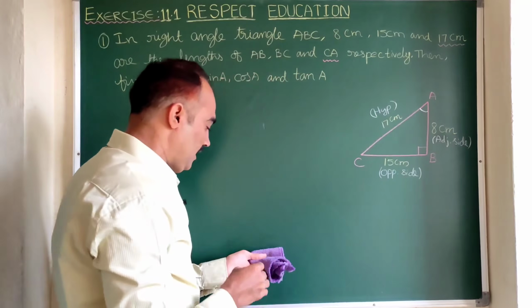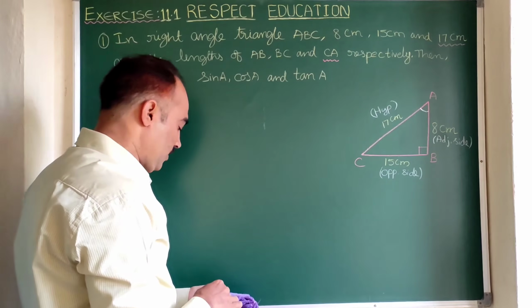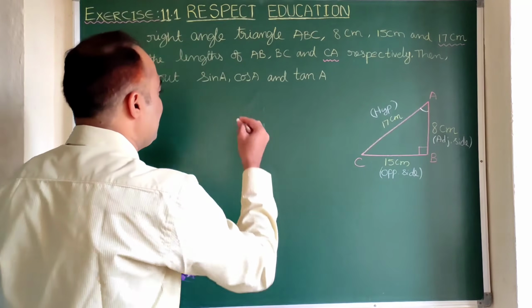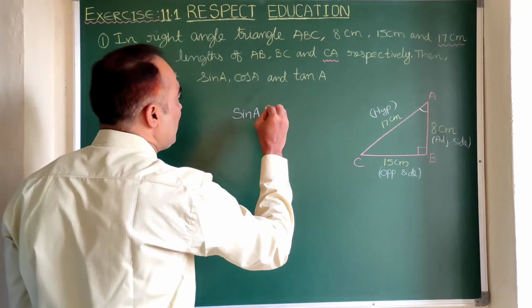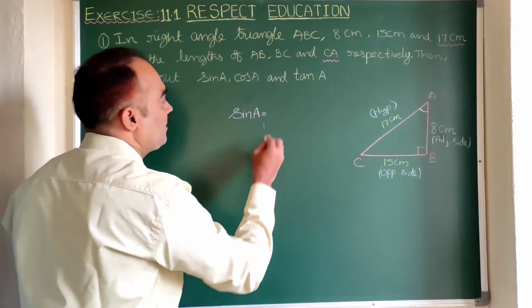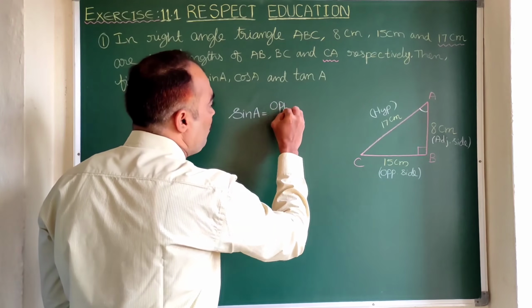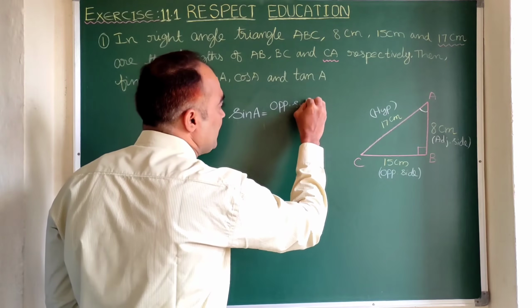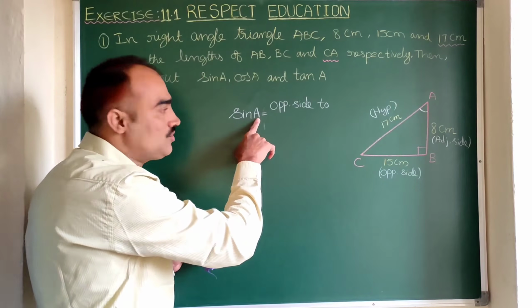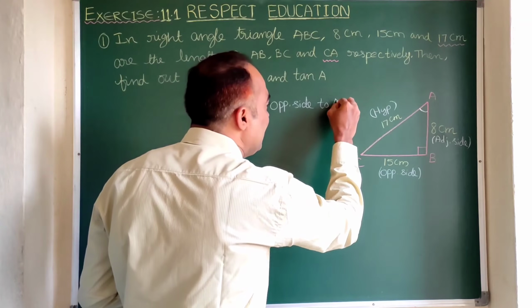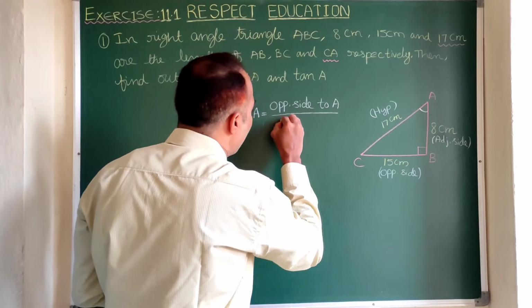Okay. Now let us start solving the problem. First, what is required? Sin A is required. What is the formula of sin A? Opposite side to theta by hypotenuse. Theta means here A is there, so you should write opposite side to A by hypotenuse.